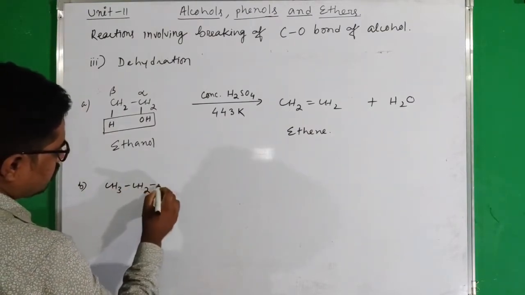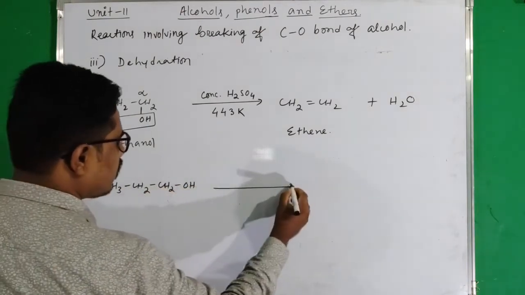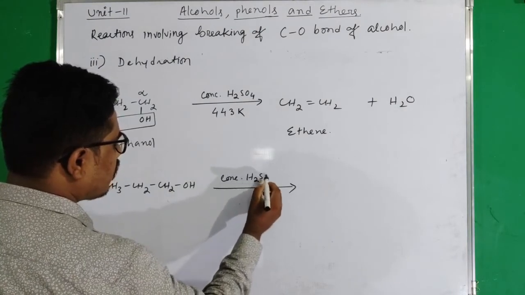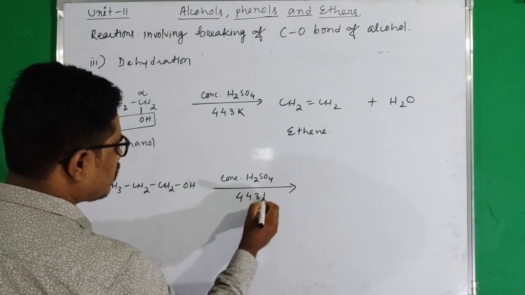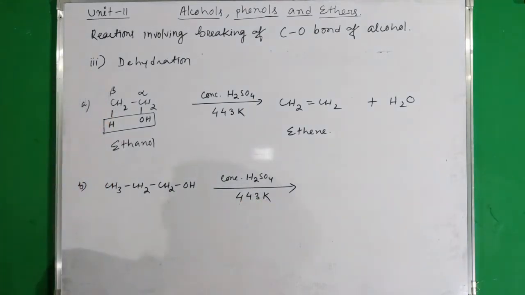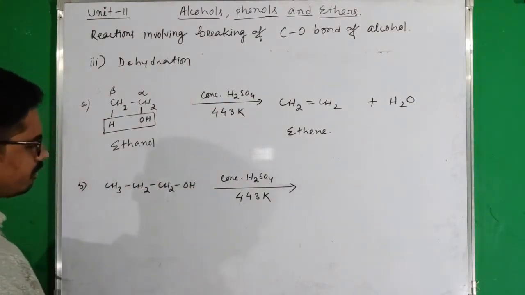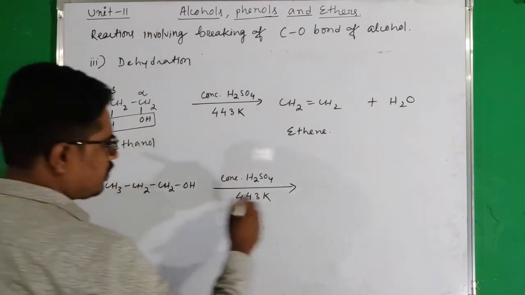Another example is, suppose we take CH3CH2CH2OH, and then apply heat in presence of concentrated H2SO4. Then from the alpha position the OH group will be removed, and from the beta position hydrogen will be removed.